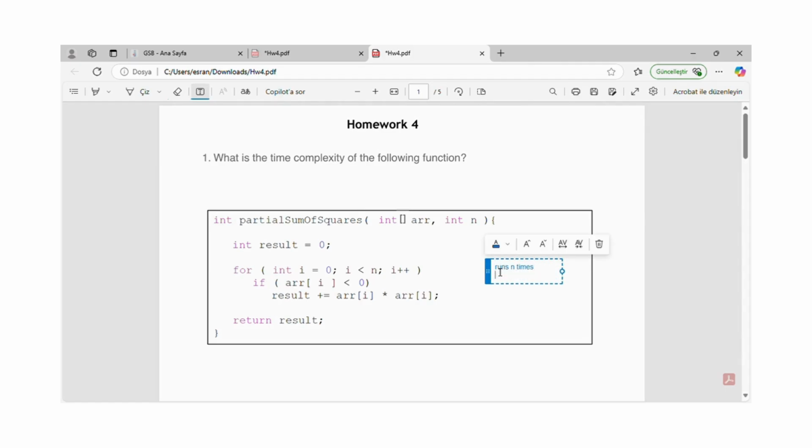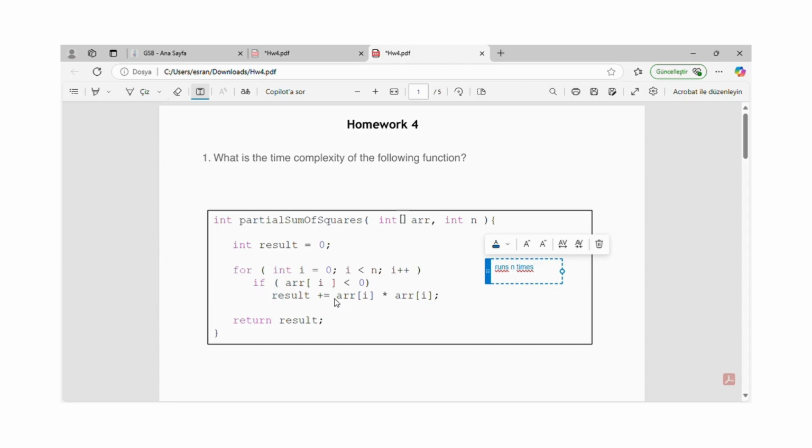Okay. And inside the loop, there is an if condition, and this if condition checks whether the array elements are negative or not. Checking a condition takes constant time, and it is O(1).